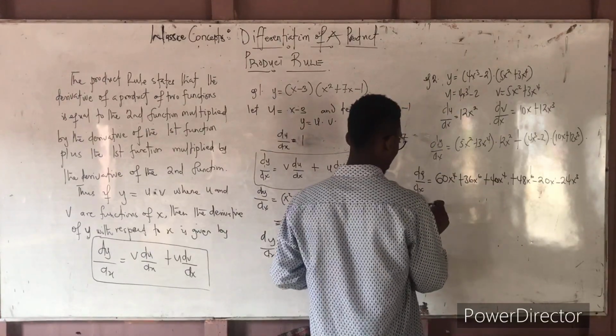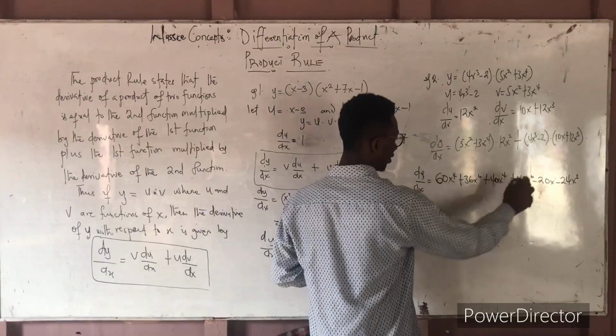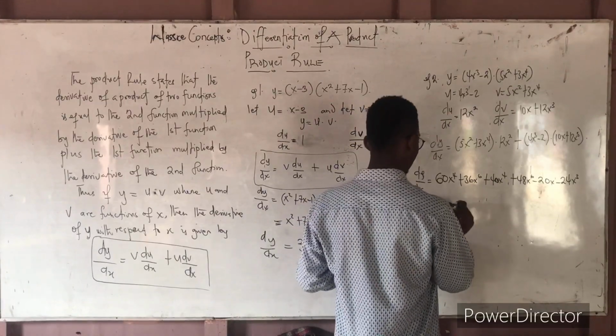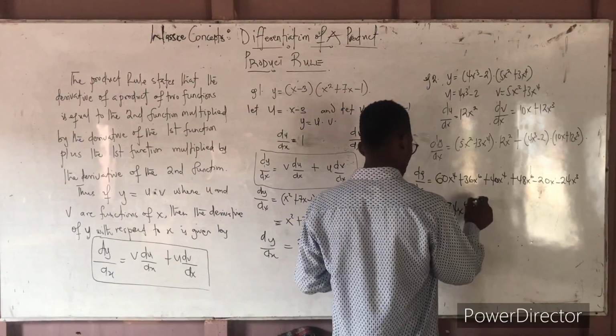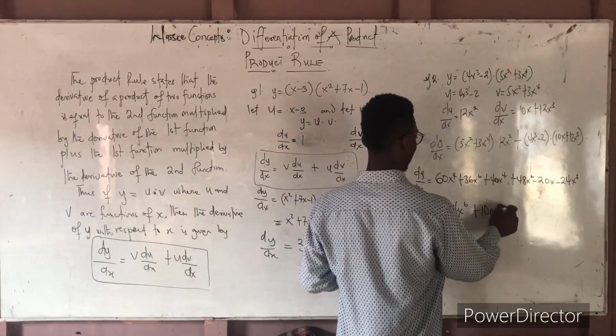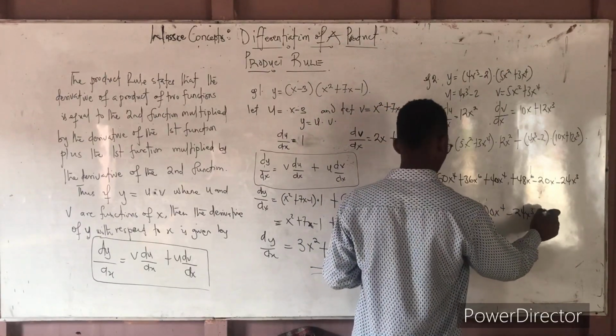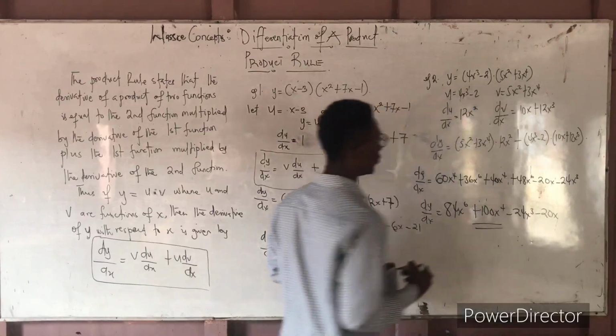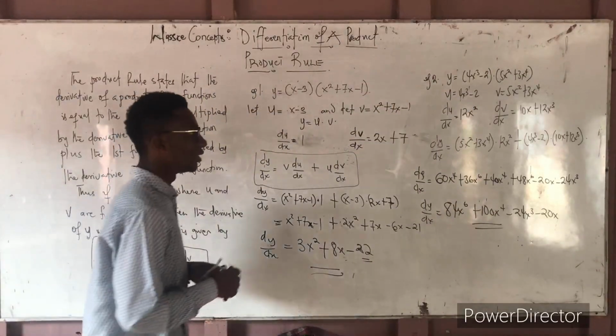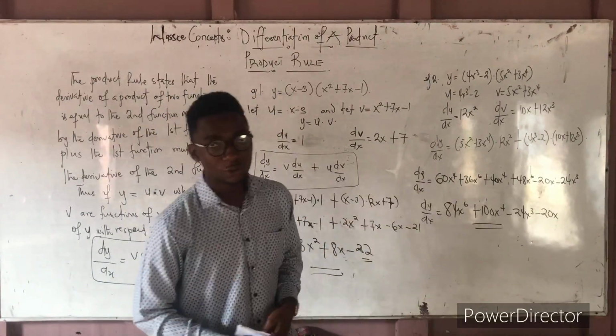So therefore dy/dx, grouping like terms, becomes 84x exponent 6 plus 100x exponent 4 minus 24x cubed minus 20x. And this becomes the final derivative. Let's meet in other videos for the quotient rule.